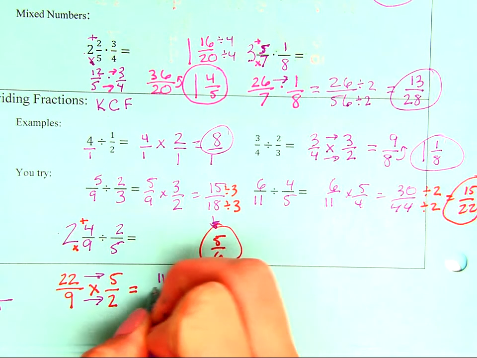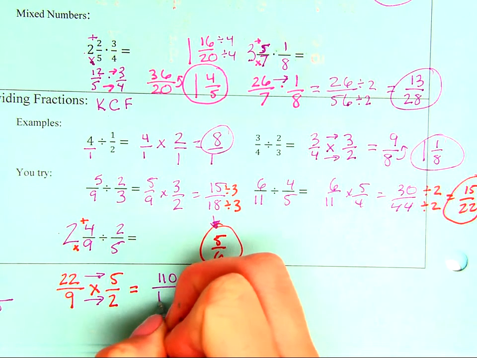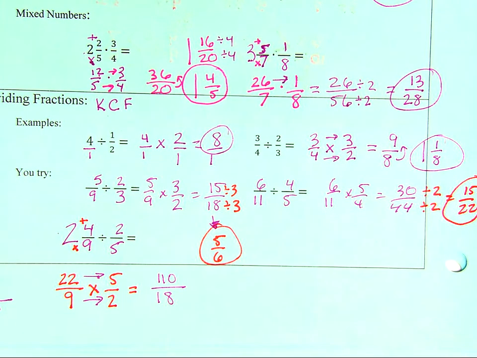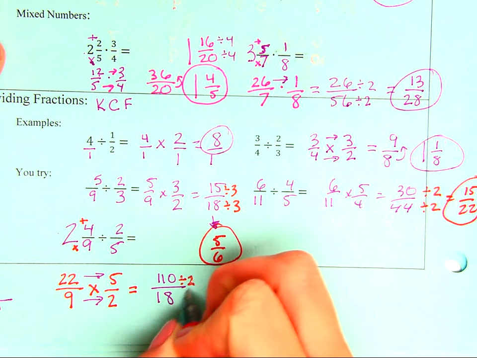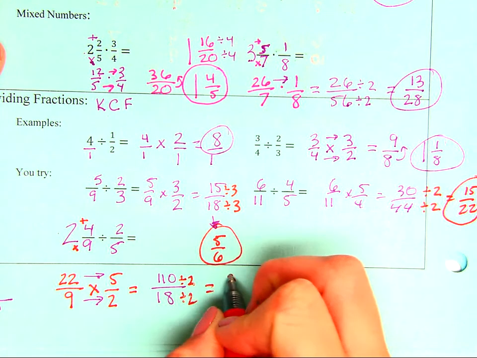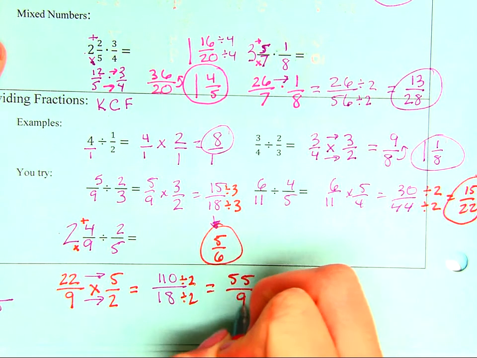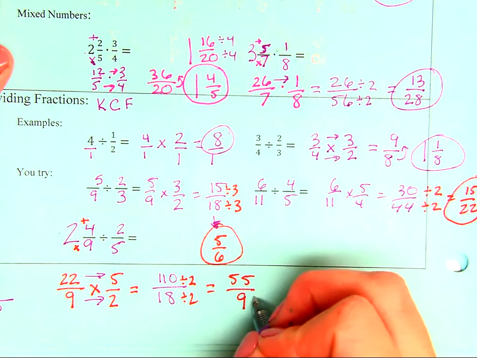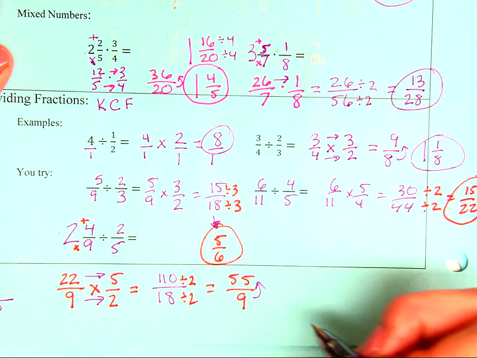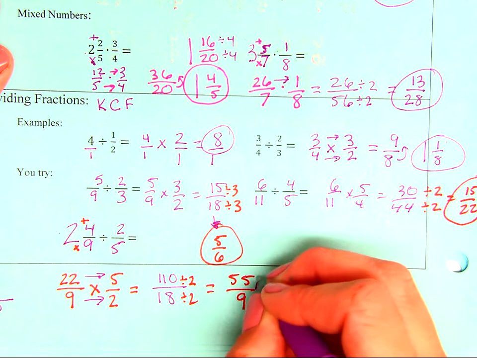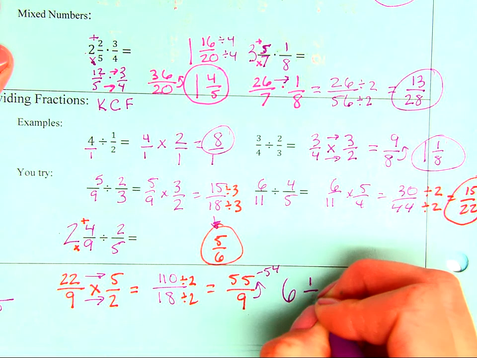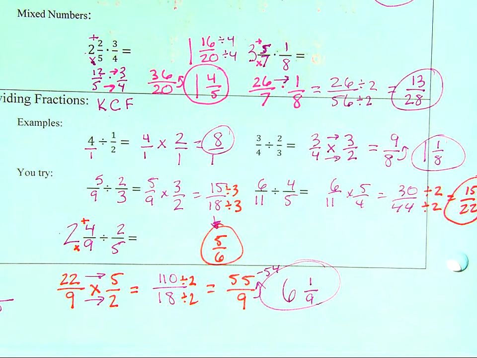So 110/18. I know this one can be reduced and simplified, so I'm first going to divide by 2. It's 55/9. Changing it into a mixed number, 9 can go into 55 6 times, because 9 times 6 is 54, and then I'll have that 1 left over.